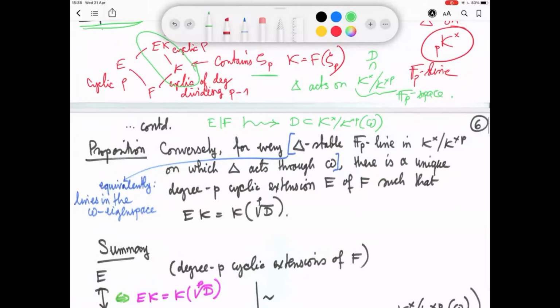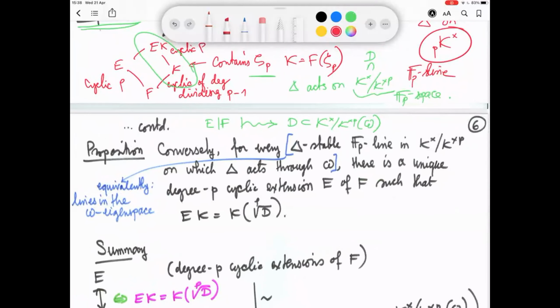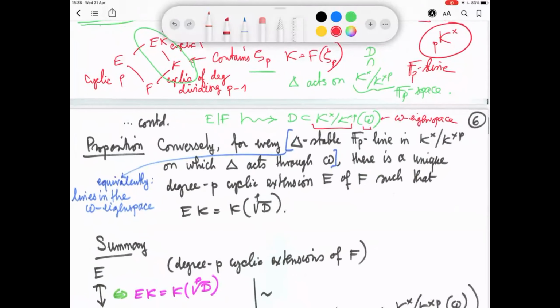Omega here means that it's the subspace of this on which delta acts through omega, the omega eigenspace. So E over F, cyclic of degree P, gives rise to an FP line in K star modulo K star to the P, omega, and now is the converse.